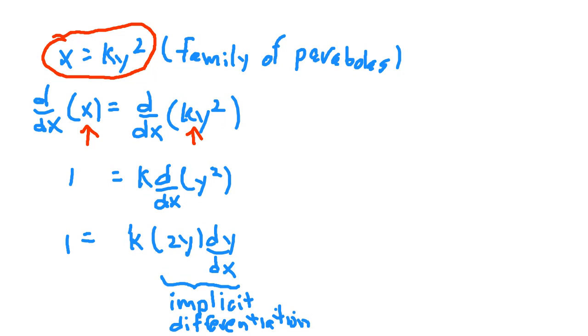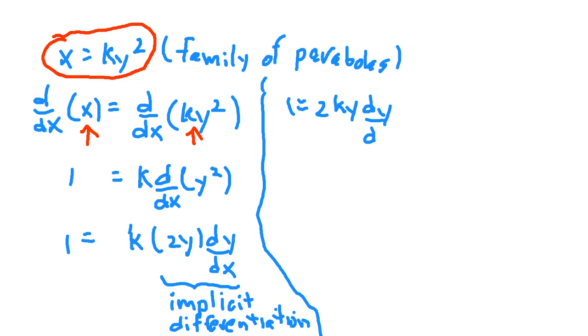Okay, so now I'm going to tell you why we're doing this. I'll show you in just a moment. So we have then that 1 equals 2ky times dy dx. And this means then that dy dx equals 1 divided by 2ky.